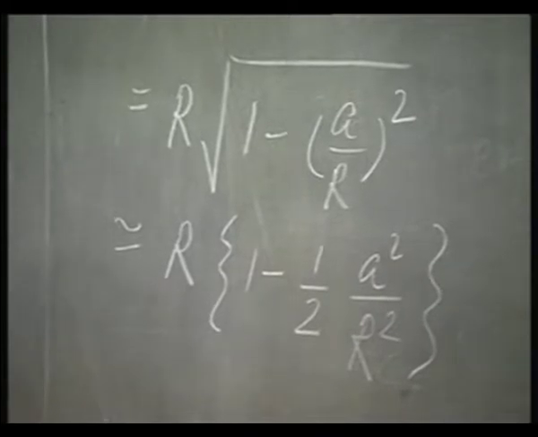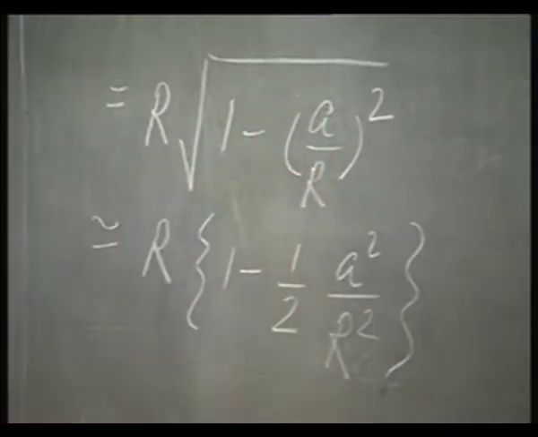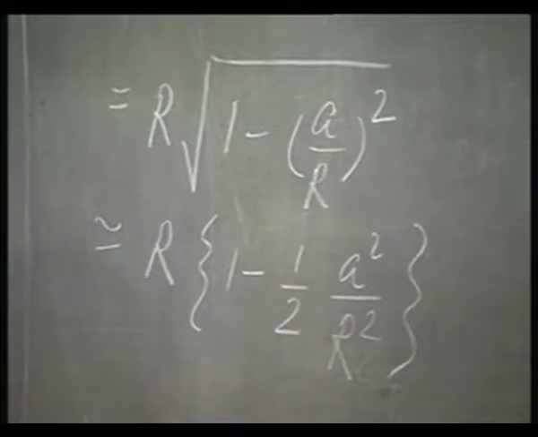Can I not? Square root of 1 minus x is 1 minus x by 2, if x is very much smaller than 1, that is a is much smaller than R, then I can approximate it to be 1 minus half x. That is what I have done. Okay.